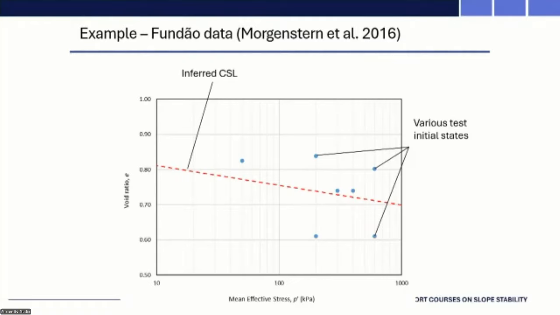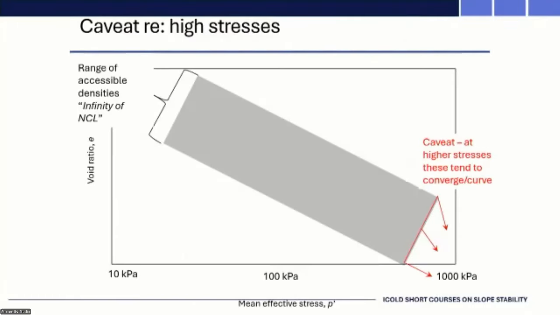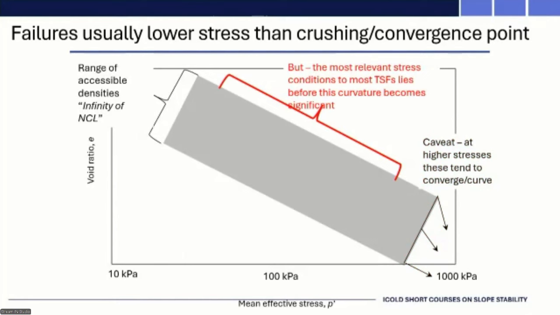Whereas here, they can be either above or below. So you get this range of accessible densities, depending on where you start, and potential convergence at higher stresses. But it doesn't appear to be always the case.